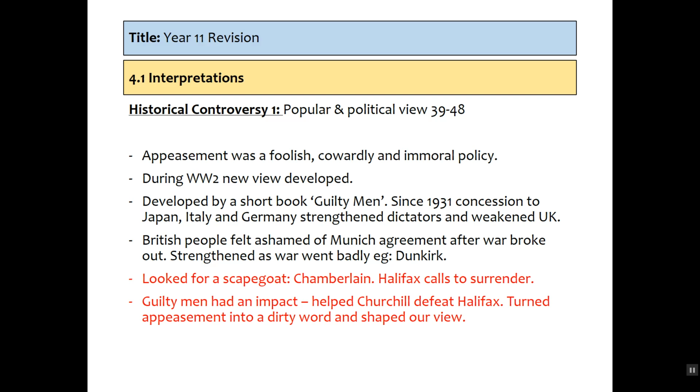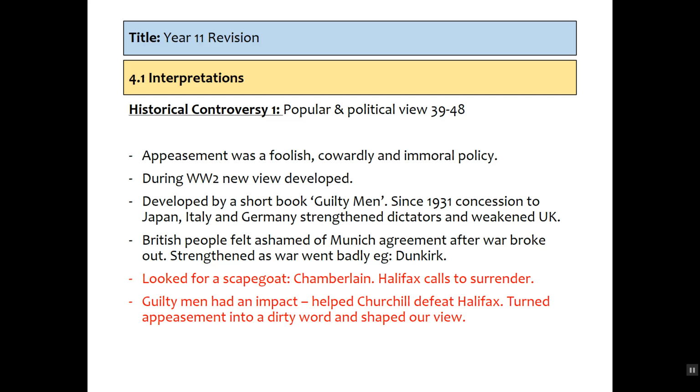Now we've got the people of Britain feeling ashamed of the Munich Agreement after the war broke out, and again this feeling strengthened as the war went badly. In the first few years we've got Dunkirk and other losses. Dunkirk was the retreat of the British expeditionary force in Europe. They needed somebody to blame. They blamed Chamberlain.